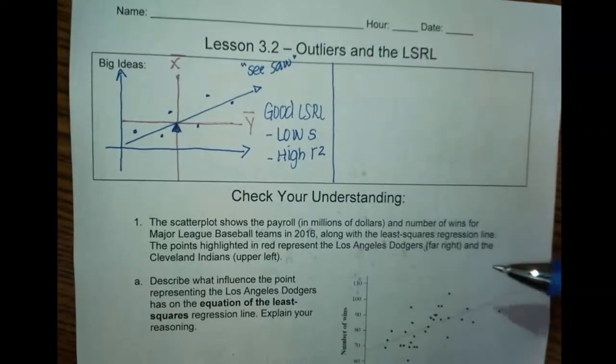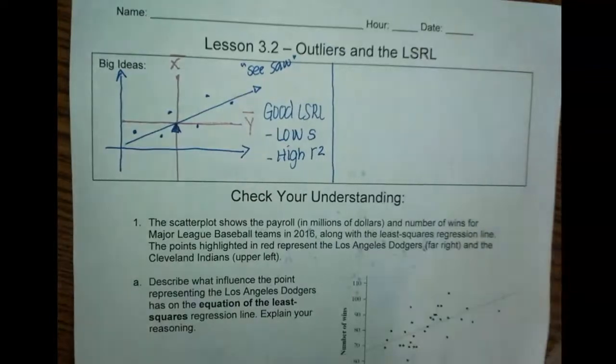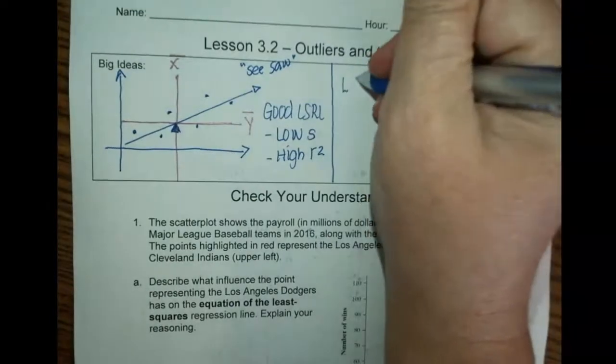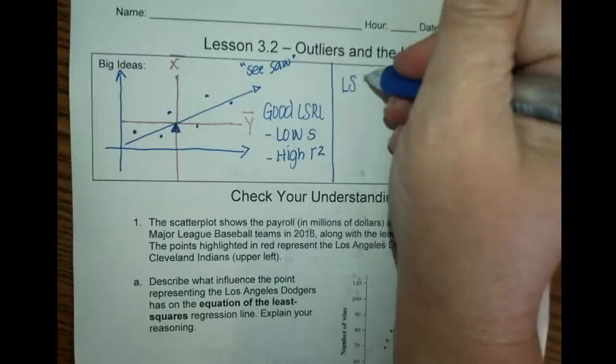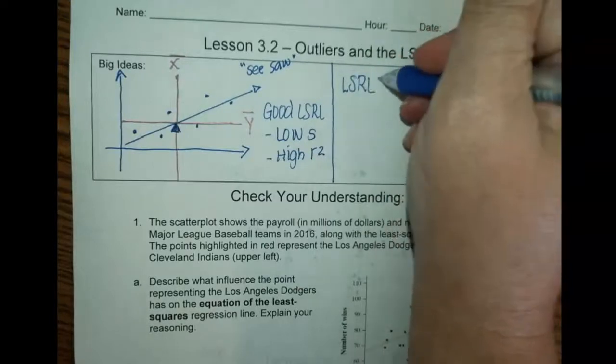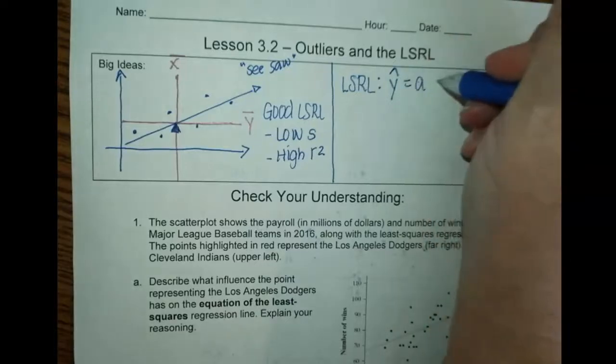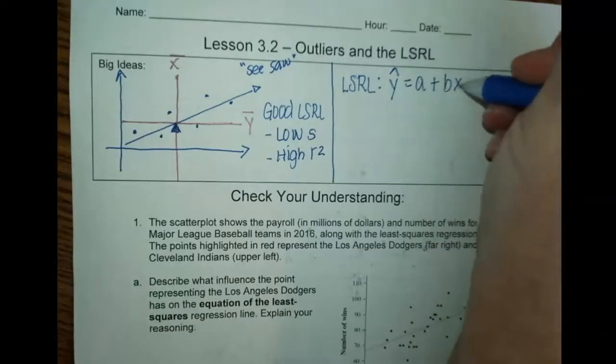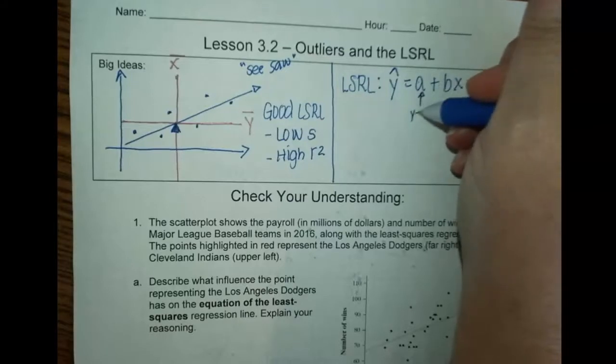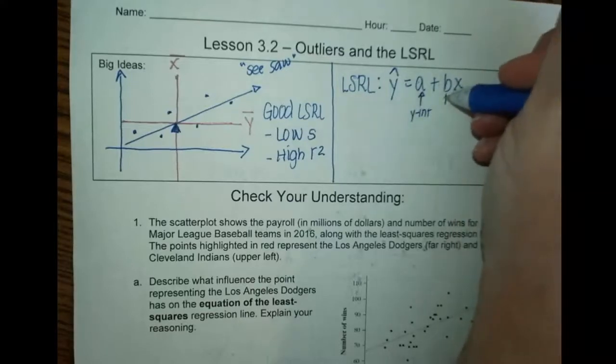Sometimes they only give you the summary statistics, and they want you to create this line from the summary statistics. So we have the least square regression line, y hat equals a plus bx, where a is your y-intercept and b is your slope.